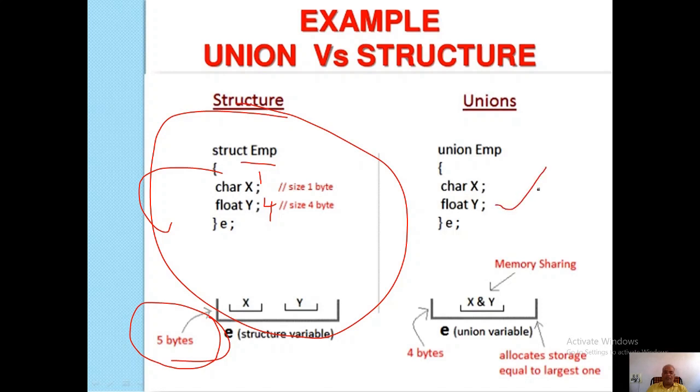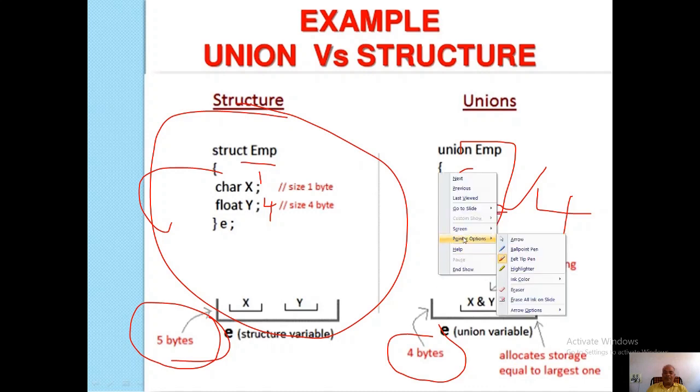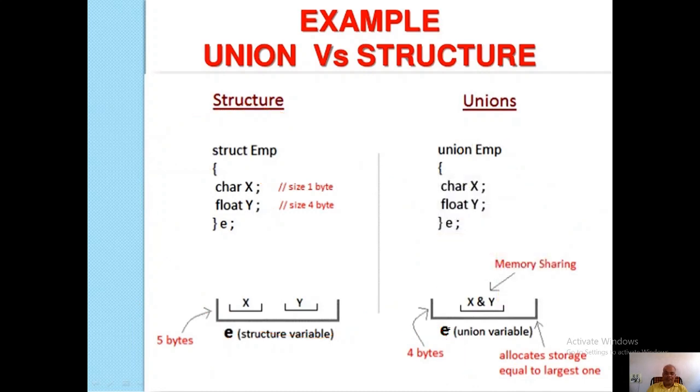Here, how many bytes? It is 4 bytes. So for both x and y variables, the space is reserved commonly as 4 bytes, whereas in structure each data element is separately allocated. So the structure variable allocates memory in separate locations, but union allocates storage equal to the largest one. What is the largest one here? Float y. That is the specification.